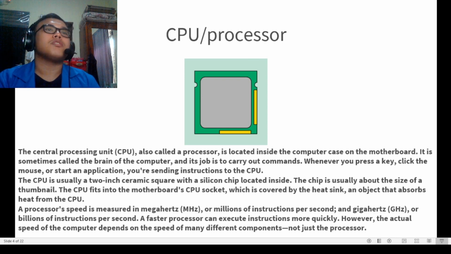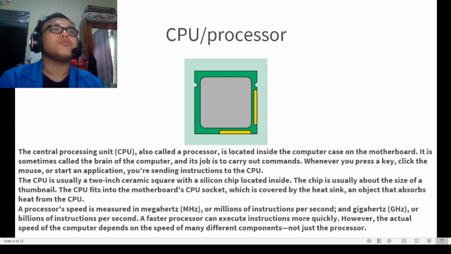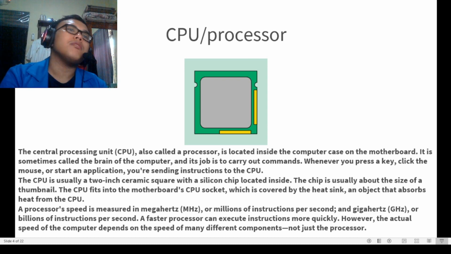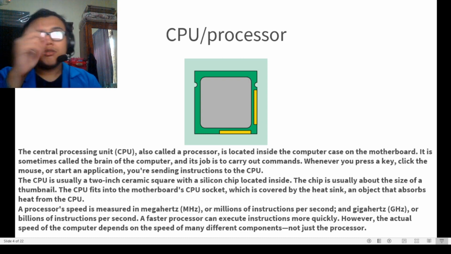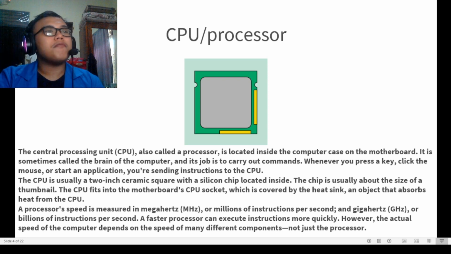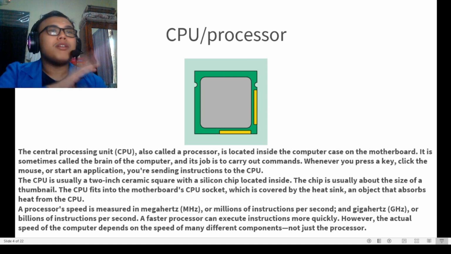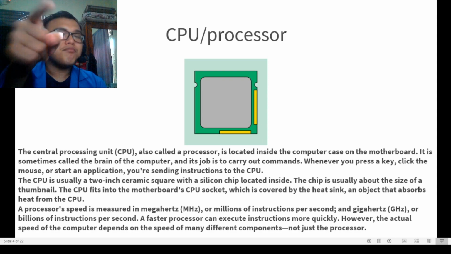A faster processor can execute instructions more quickly. However, the actual speed of a computer depends on the speed of many different components, not just the processor. So even with a processor, you won't get a fast computer without other components. You need this, you need this.